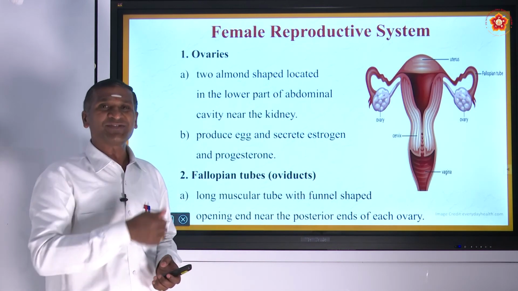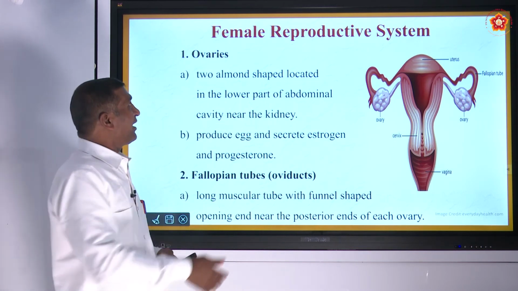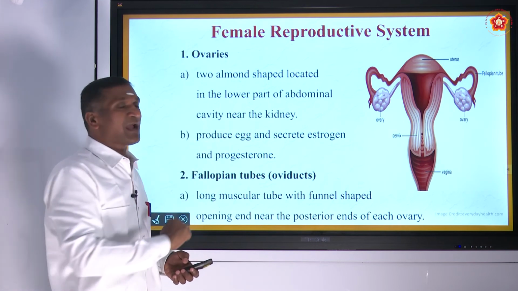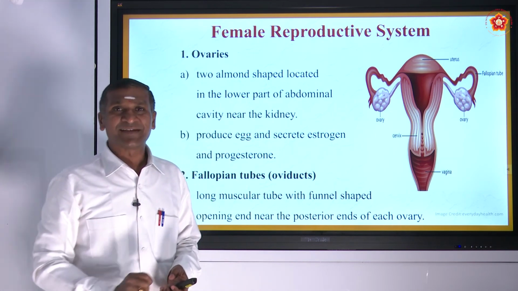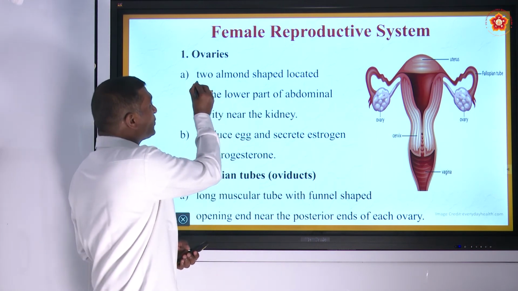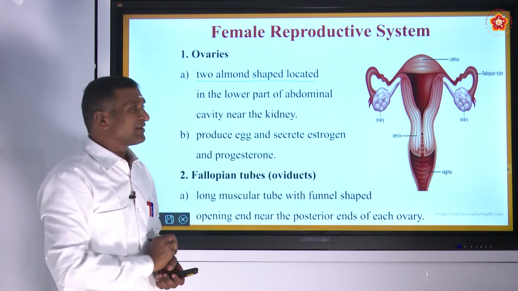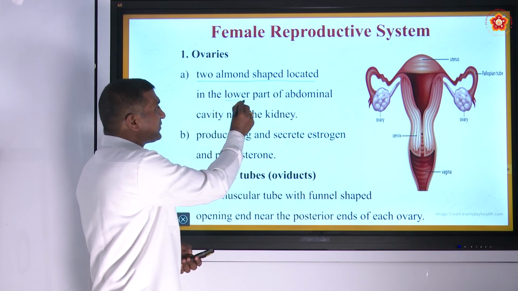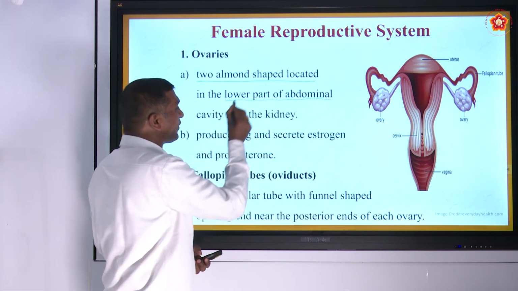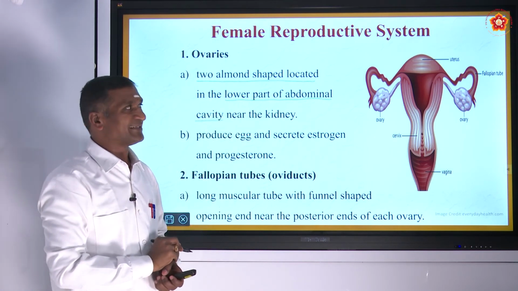Female reproductive system in human beings has a pair of ovaries which are almond sized. So, two almond shaped ovaries are located in the lower part of the abdominal cavity near the kidney.